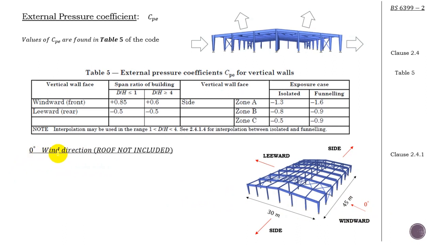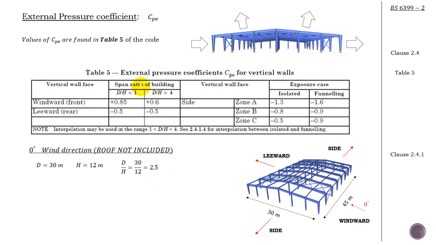So starting with the 0 degree wind direction, basically I need the D and I need the H. Remember, the H is going to be 12 meters, whether I take it from this direction or from this direction, okay? Now the D, remember, D is a variable. If I'm considering this 0 degree direction, then the D is going to be the wind depth, that is 30, this one here. So I take the ratio, D over H, and it turns out to be 2.5.